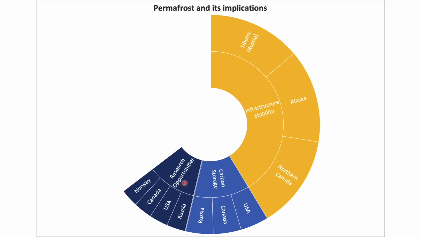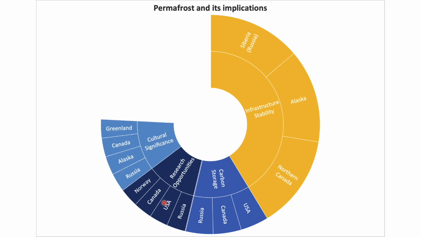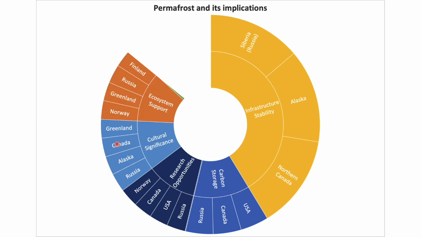And of course, this also creates avenues for research opportunities. Especially in Norway, Canada, the USA and Russia, research scientists are taking up lots of research work to understand how the permafrost thawing is happening. And this is also leading to a cultural significance for Greenland, Canada, Alaska and Russia.